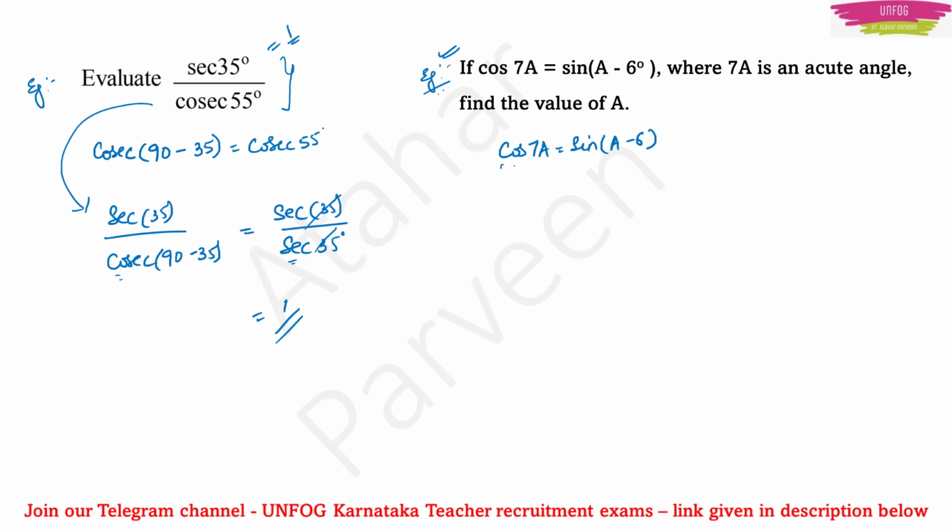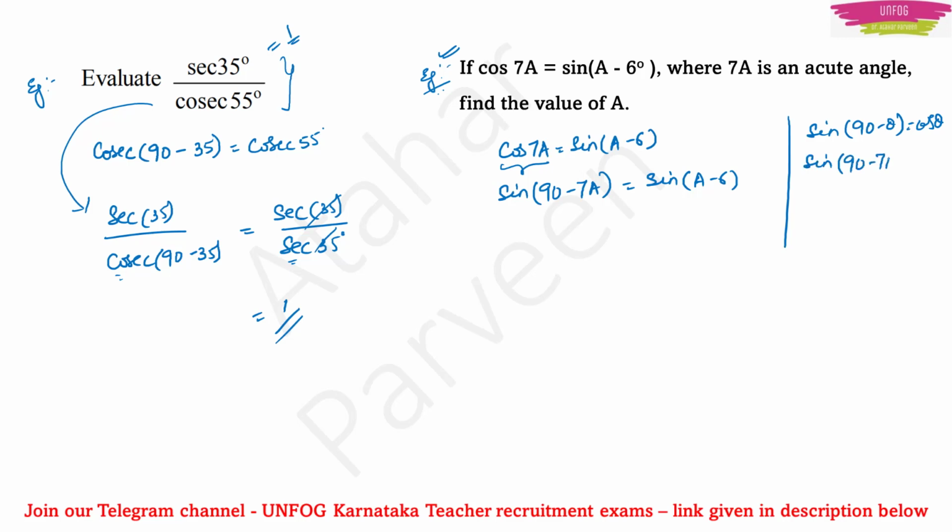Now I can write cos 7a as sine of 90 minus 7a, right? Because sine of 90 minus theta is cos theta. So I can write sine of 90 minus 7a in place of cos 7a. That is what I have done here.